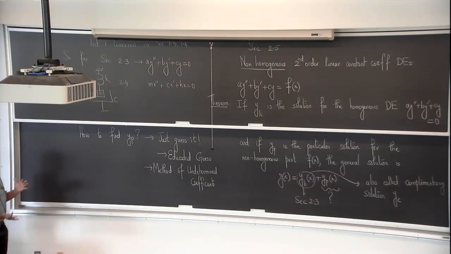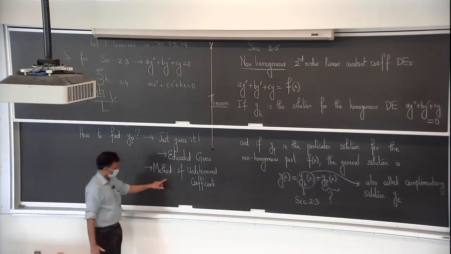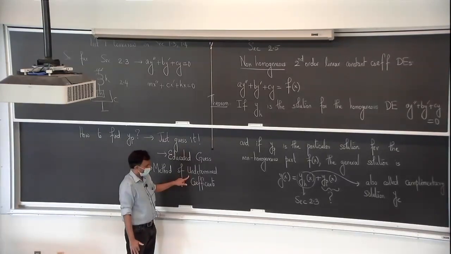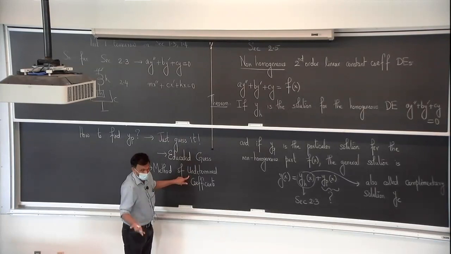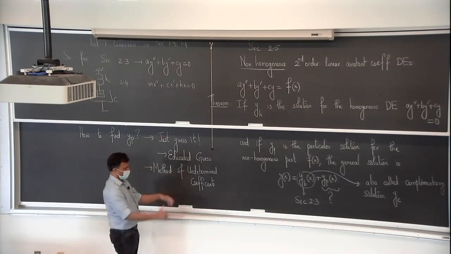Some textbooks also call it the method of educated guess, but it's officially called the method of undetermined coefficients because that's what we're trying to do here. There will be some coefficient or coefficients, depending on the problem, which we are trying to find based on the equation, and that is what's going to decide your YP.